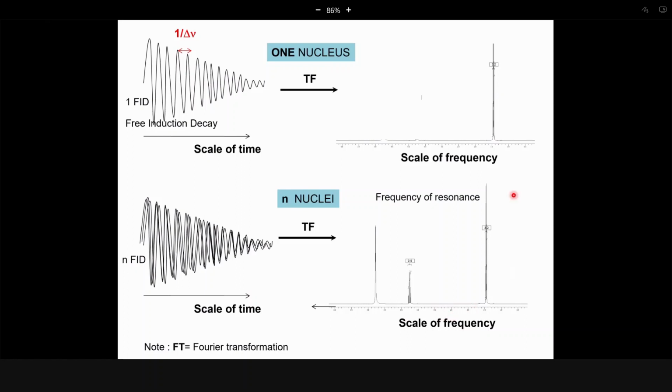So an NMR spectrum will look like this, with a scale of frequency which goes from the right to the left. The 0 is here, and we go up when we go to the left.